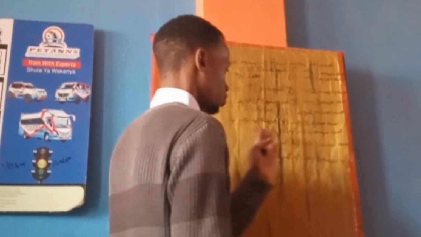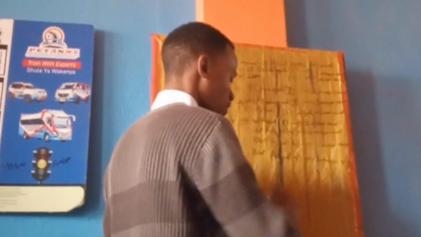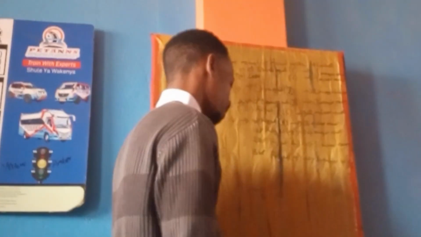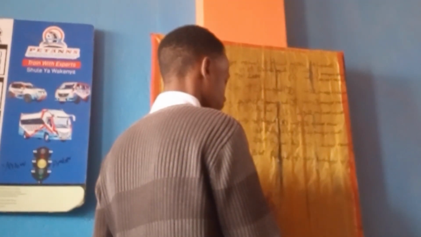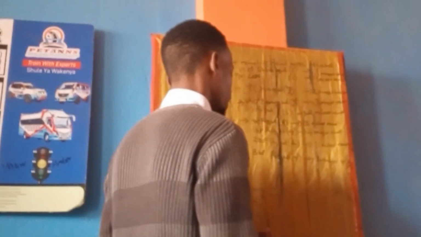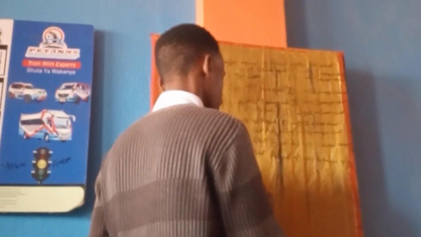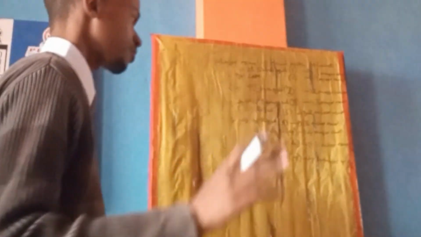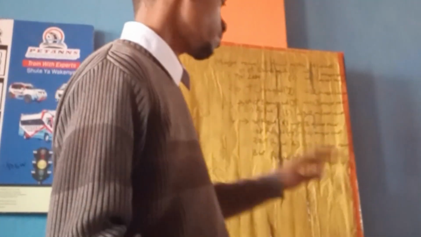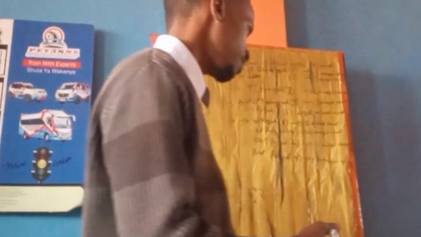So that's what 180 means. For 270, you just turn right 3 times. Then 360, you turn right 4 times. So that's the number of times you're turning. You just divide the angle by 90 and you know how many times you are turning.